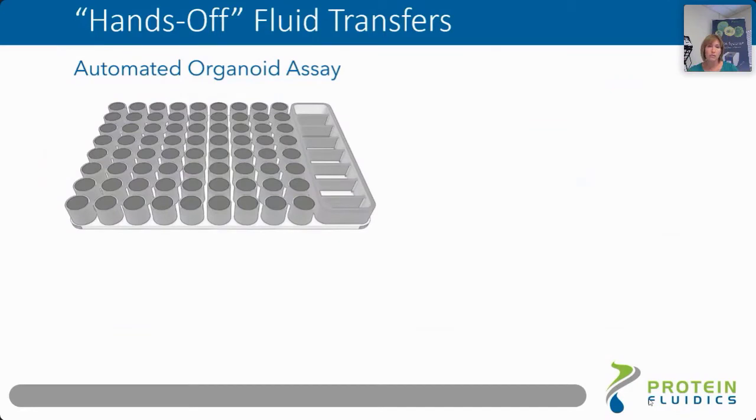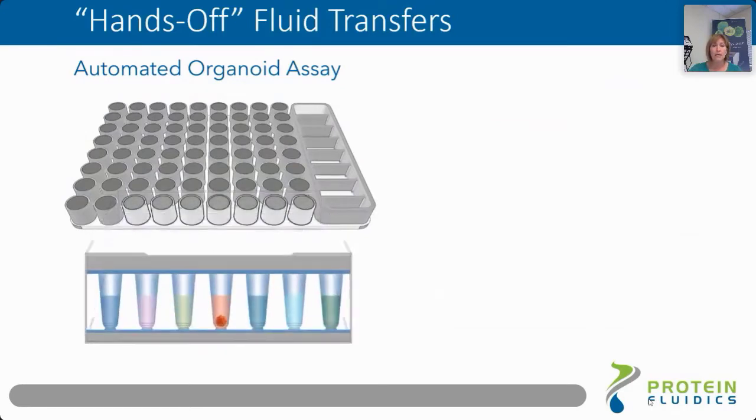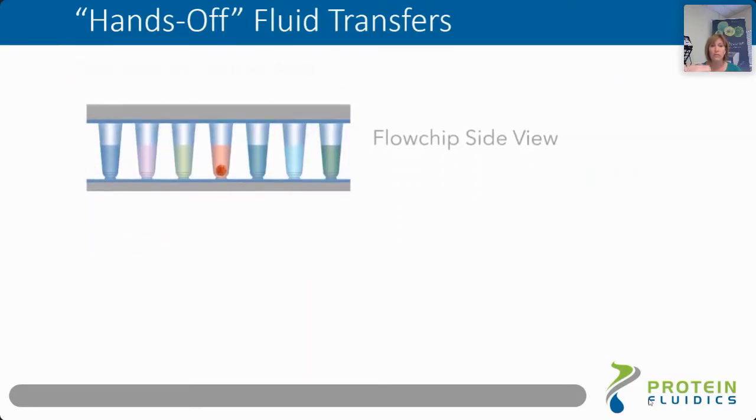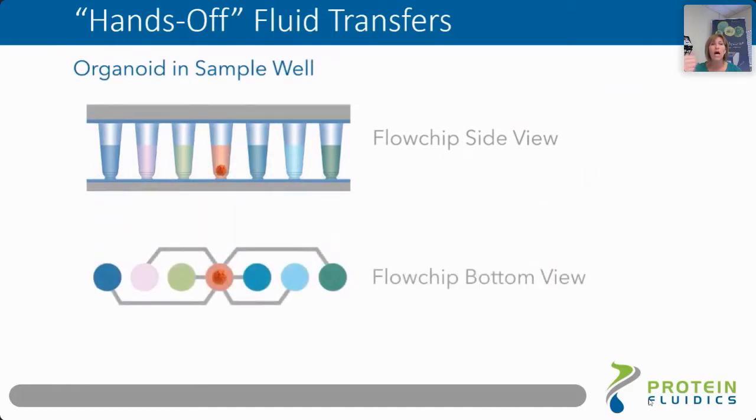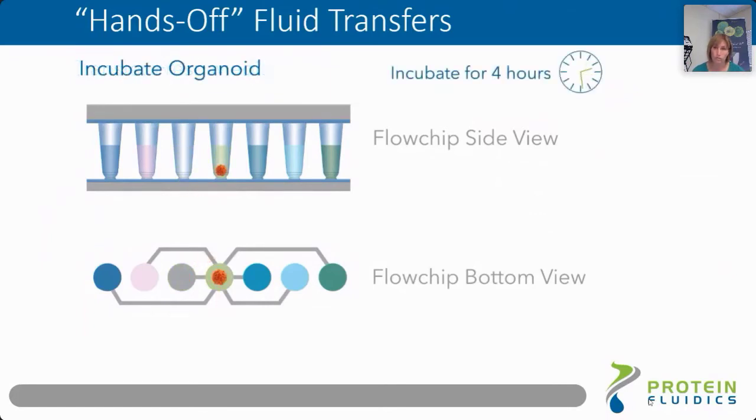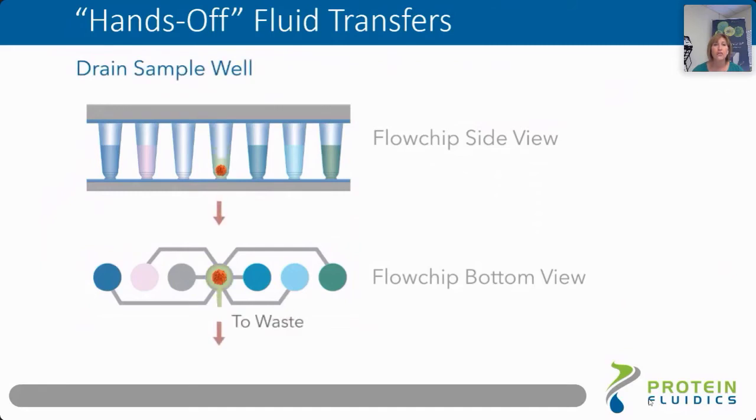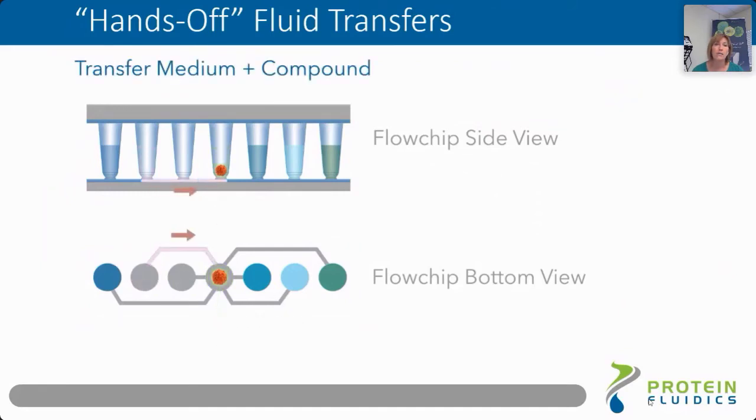Now, let's take a closer look what's happening inside the flow chip during run of the assay. So here you can see schematically how the flow chip looks like with this sample inside it. What we can do, for example, is to first drain the old medium to waste and then transfer fresh medium, incubate your organoid for the desired amount of time, drain the sample, and change it for compounds.